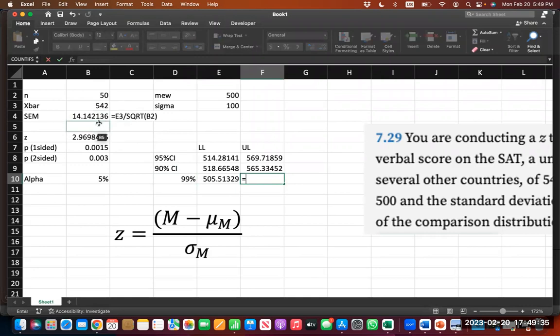And this is now 542 plus 2.58 multiplied by the standard error of the mean. So these are actually your different levels of confidence. So you are within this interval, 95% confidence, 90% confidence, and 99% confidence to contain the population mean of 500.